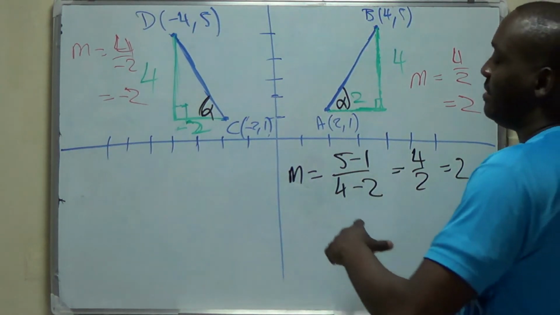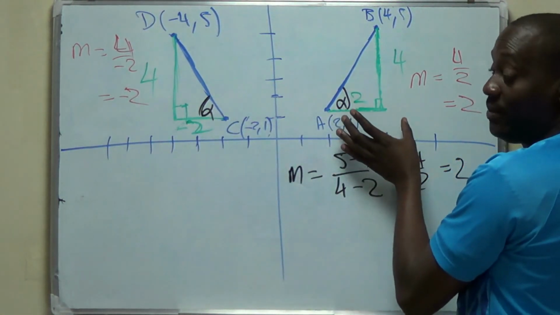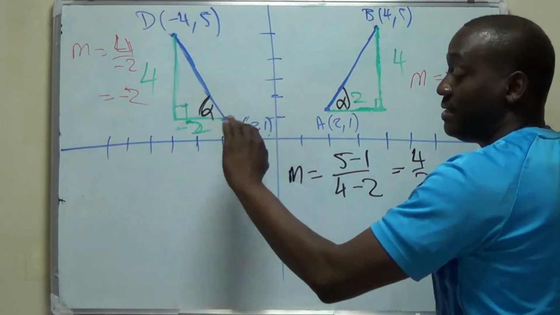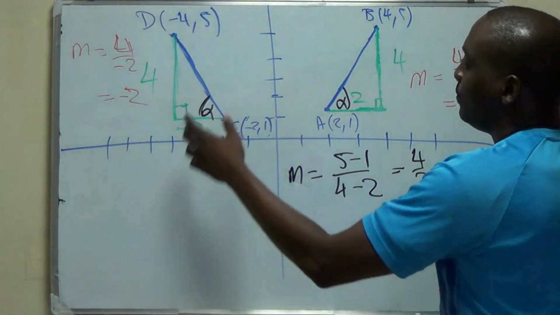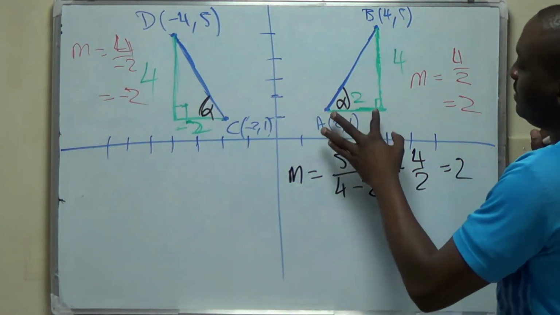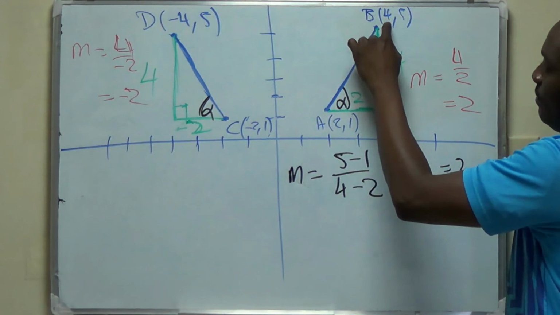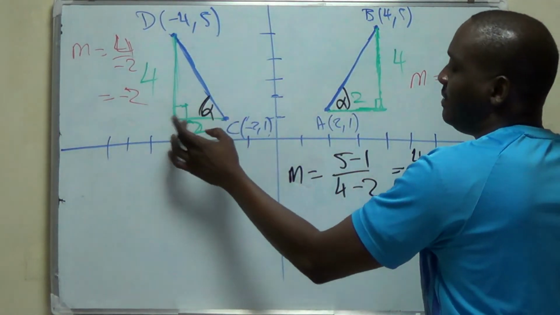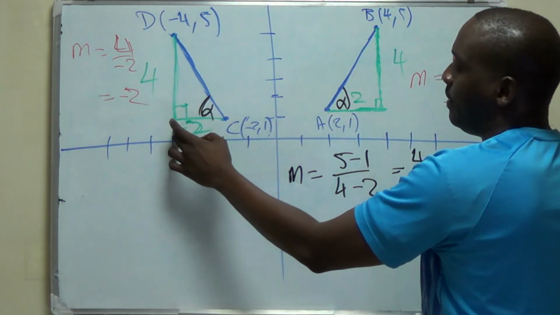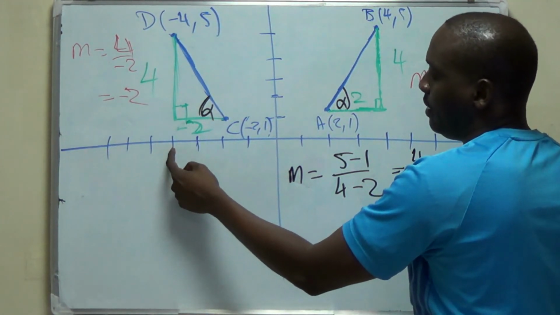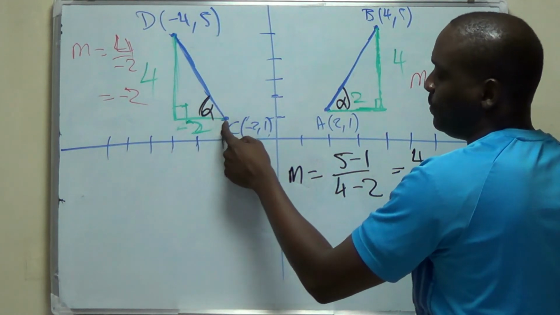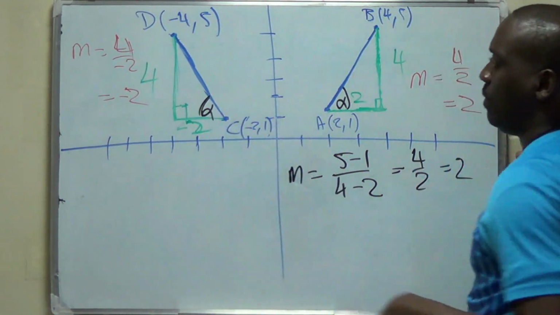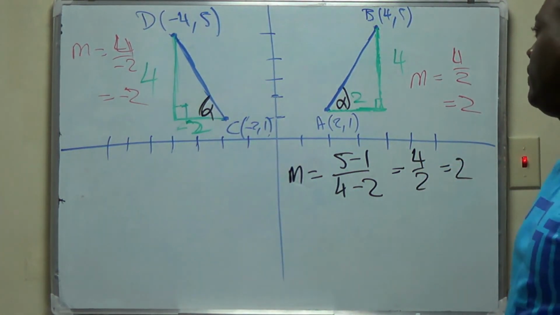Alright, so the difference here, just as we did over here where the coordinates were all positive, we're doing the same thing here. Of course, you just have to be mindful of your signs. So in the same way that over here, this distance was given by this 4 minus this 2, over here, this distance will also be given by this 4 here minus this 2 here. Right? So, or can we say minus 2?